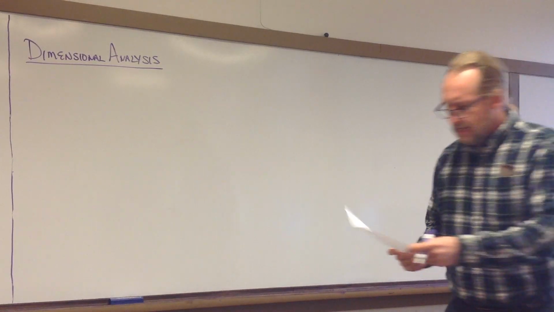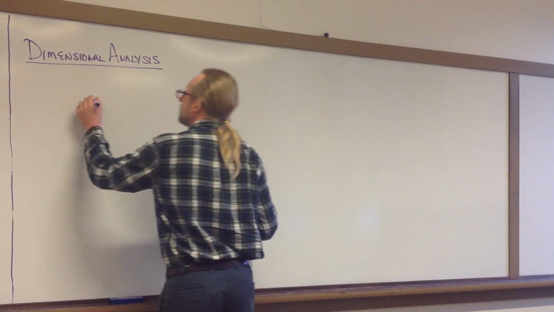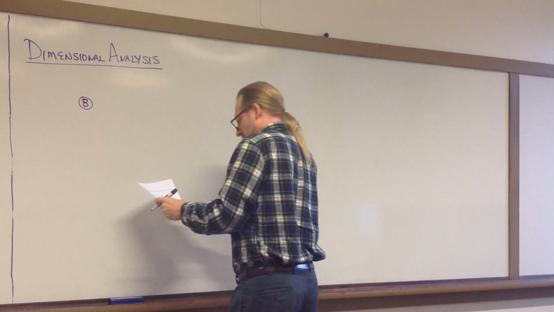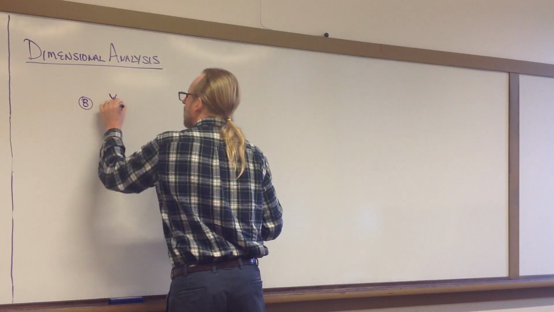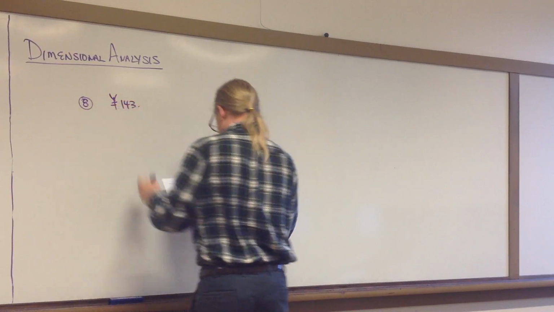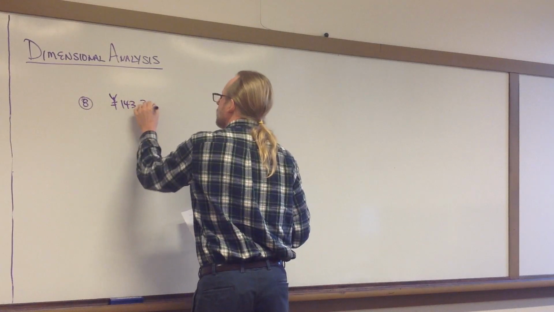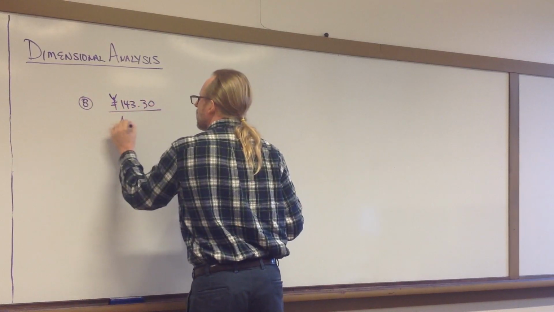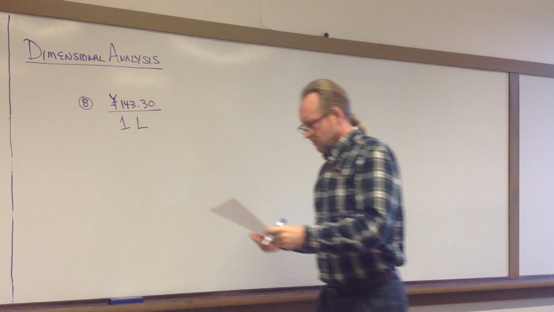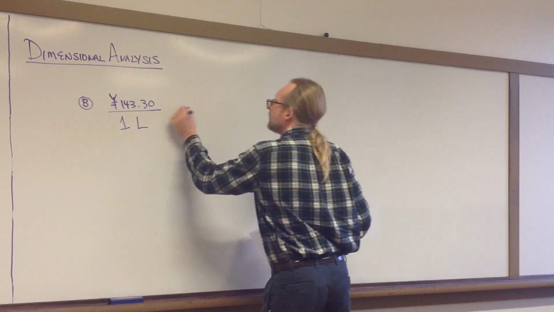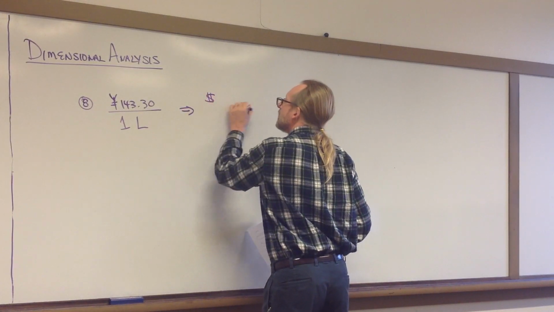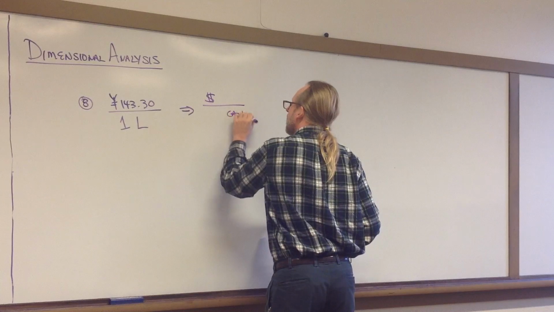Oh, problem 8, where we've got the price of gasoline. We've got 143.30 yen per liter. Okay, and we want to convert that into dollars per gallon.